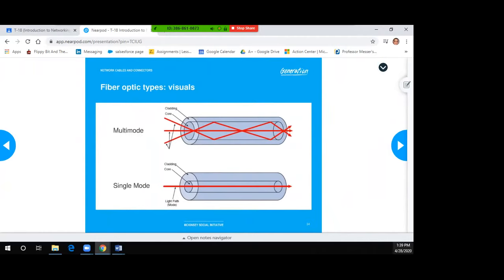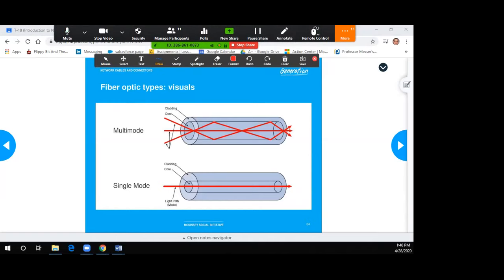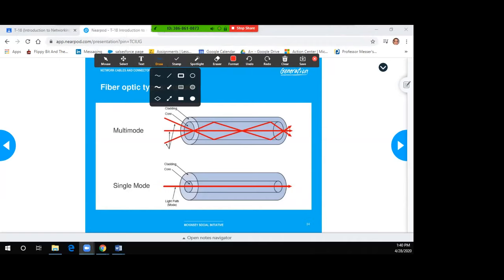So how does it do this? The single mode uses one direct laser beam going across. This guy here is one of the most dangerous ones to troubleshoot. Not only do they always tell you not to look at this guy with your eyes.